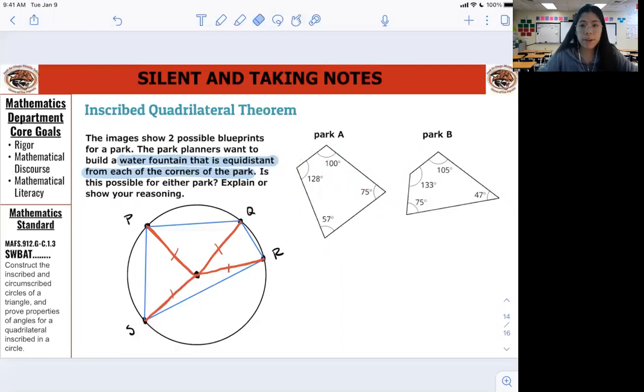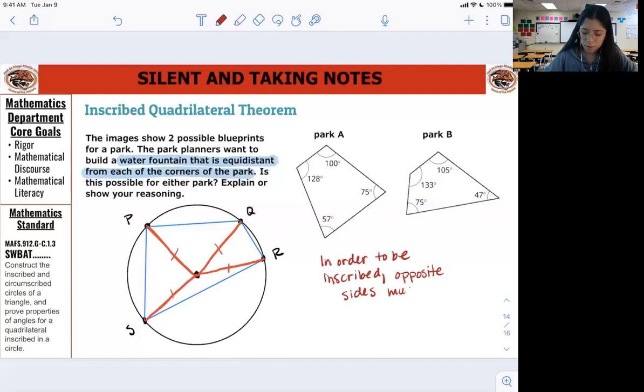And what do we know about inscribed quadrilaterals now? Good. Opposite angles must be supplementary.